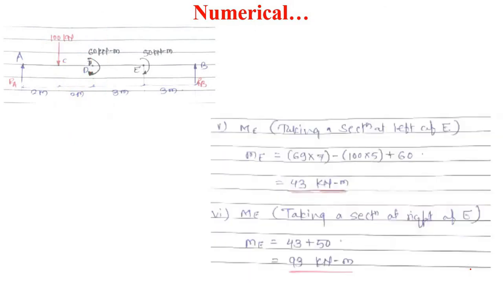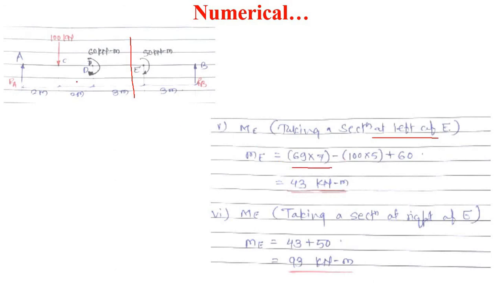After calculating MD, next is the bending moment at point E. Consider one section just at the left side of E. So RA into 7 meter, that is 2 plus 2, 4, plus 3, 7 meter distance, 69 into 7.